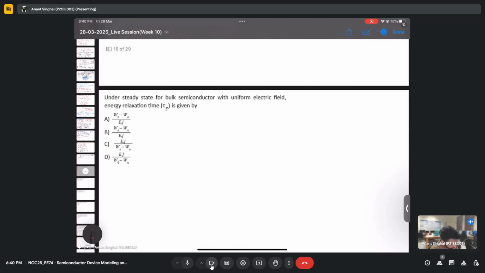One of the problems that has been given this week is under steady state for a bulk semiconductor. We have studied very thoroughly what steady state is and what it means. With a uniform electric field, the electric field is constant throughout the semiconductor, so that makes the dE by dx term 0.